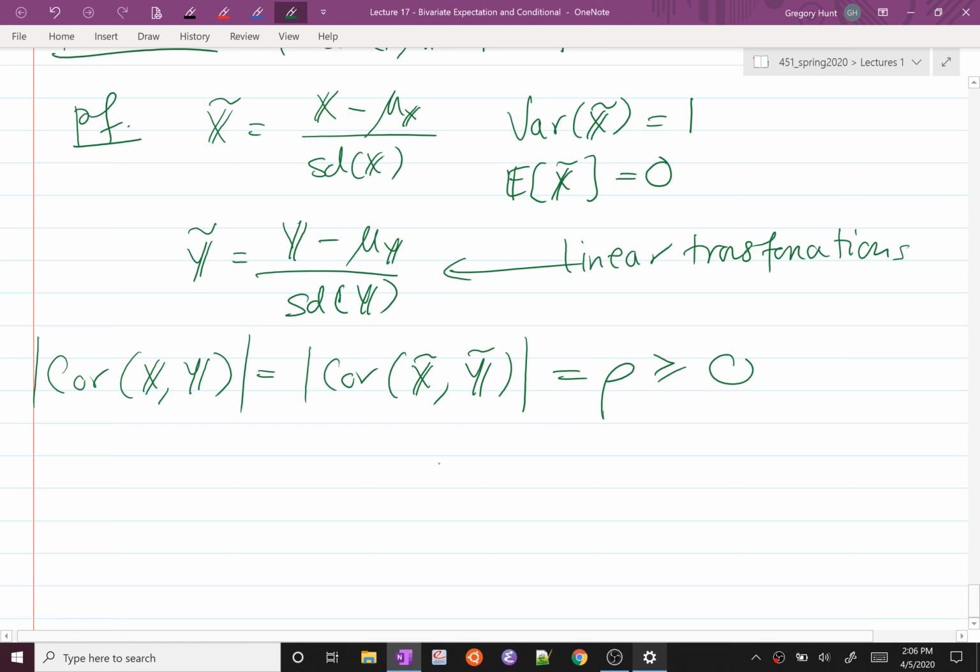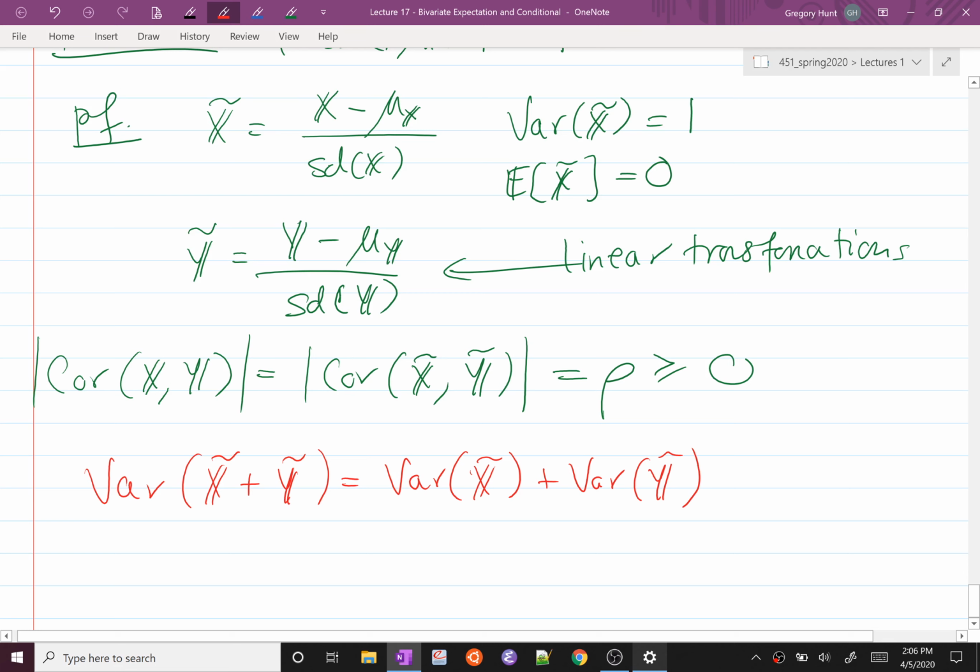Okay, so what if I now look at the variance of x tilde plus y tilde? We have a formula that says this is the variance of x tilde plus the variance of y tilde plus 2 times the covariance of x tilde and y tilde.